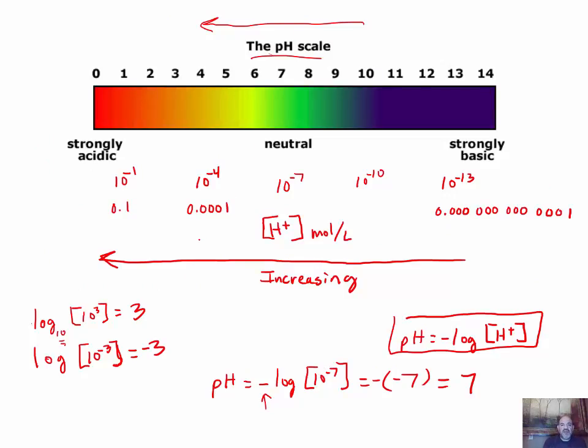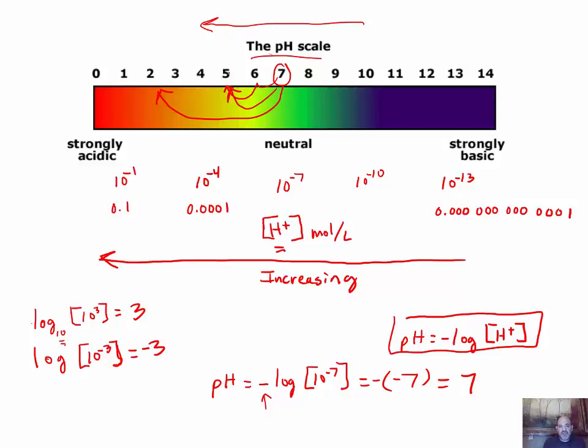If I were to start with a pH of 7 and then pour an acid into the solution, which is going to increase the amount of hydrogen ions, and it increases to a pH of 5, the factor that the hydrogen ion concentration changes by is actually 100, because each unit step is a factor of 10. So that's 10 times 10, which is 100. If I were to add enough acid to change it to a pH of 2, by what factor did the hydrogen ion concentration actually change?